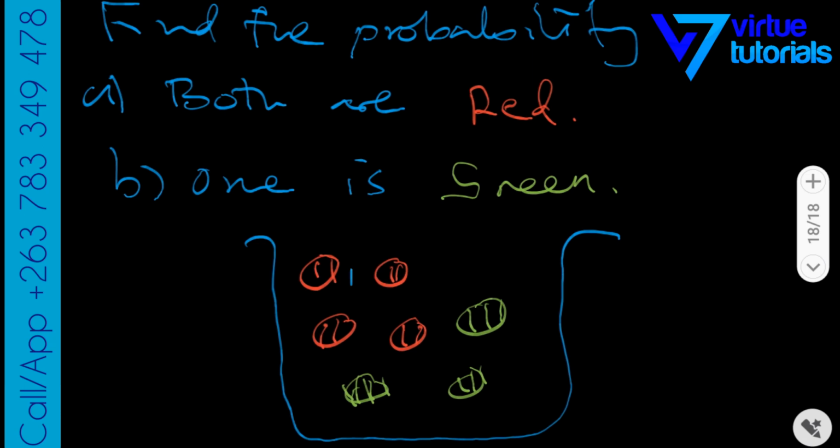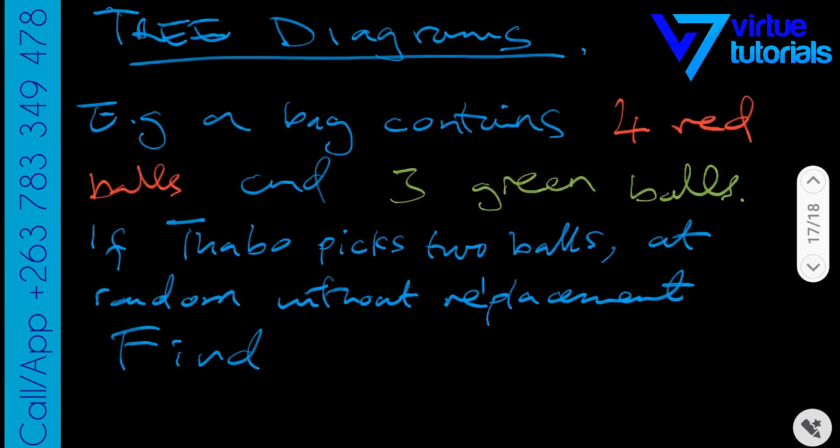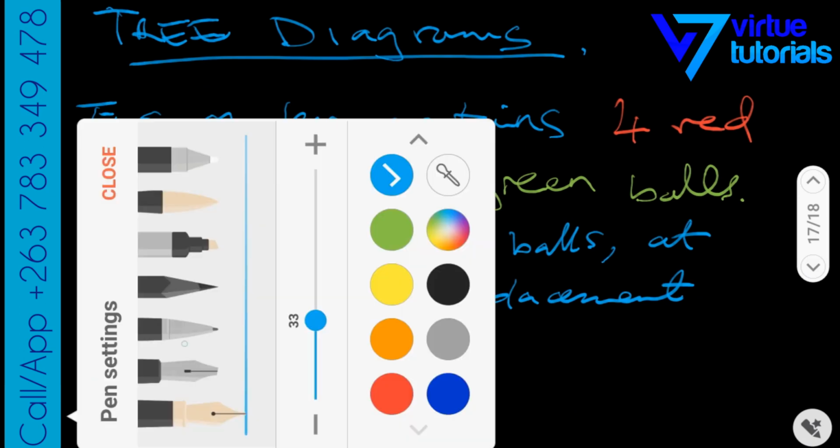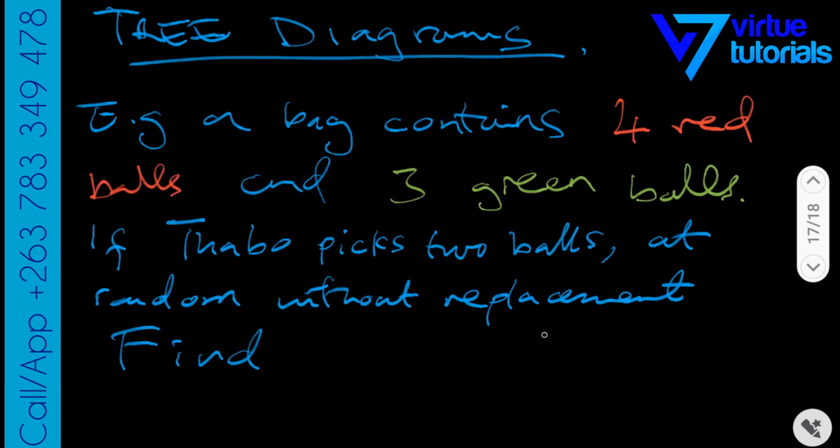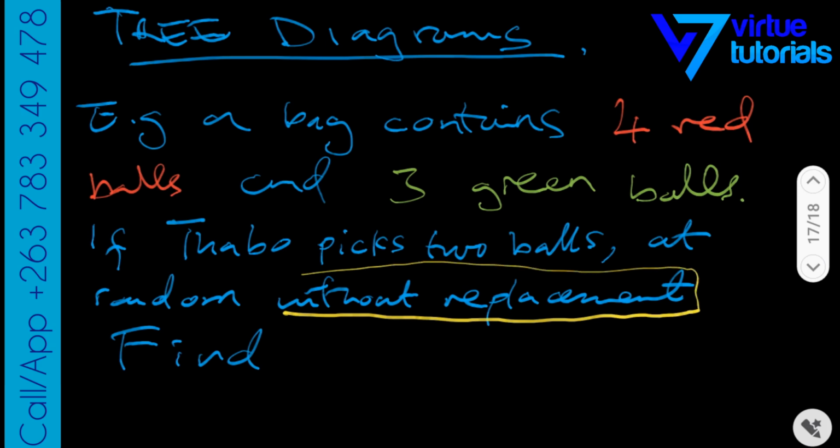So the first thing we need to do here is, I'm going to go back a little bit. We have got this little phrase here, without replacement. Now, there are 2 ways we can analyze this. We can analyze this with replacement, or we can analyze this without replacement.